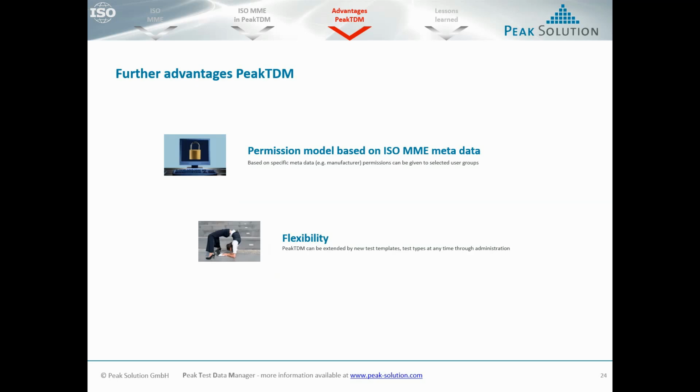Another strong argument for PeakTDM is the flexibility of the PeakTDM model. At any time, new metadata attributes, test templates, quantities, or measuring units can be created. Therefore, it's no problem to integrate new test types into the system, just by customization, even after years of operation.